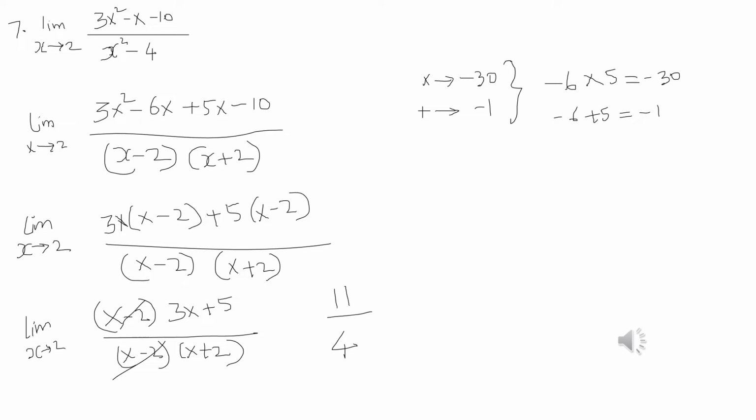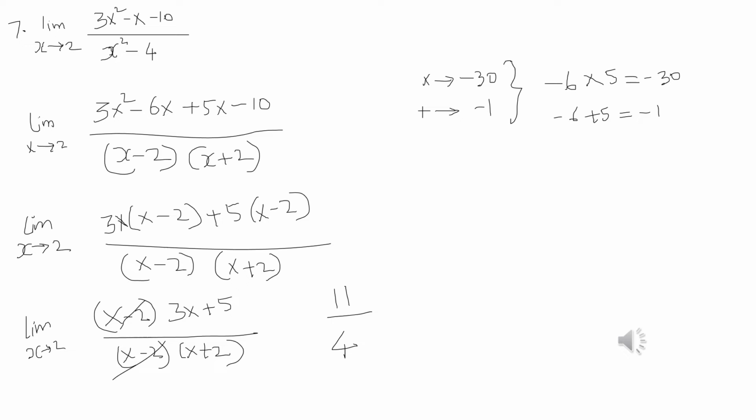For 3x squared minus x minus 10, when you multiply the first and last values, 3 into 10, you get minus 30, and when you add, it must give minus 1, which is the minus x here. So the numbers would be minus 6 and 5, which multiply to give minus 30 and add to give minus 1.